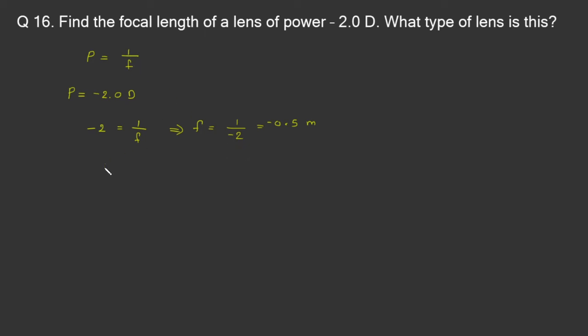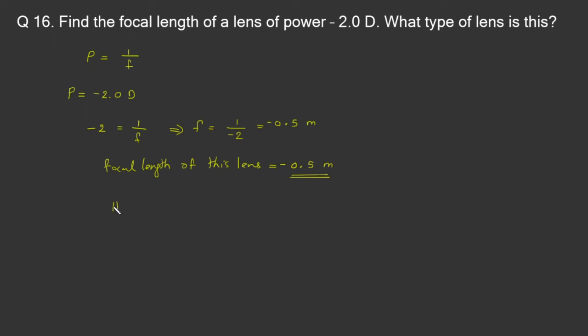So we calculated the focal length of this lens is equal to 0.5 meter, and we know it is negative. Negative shows which type of lens this is. If the focal length is negative or power is negative, then that lens is concave.